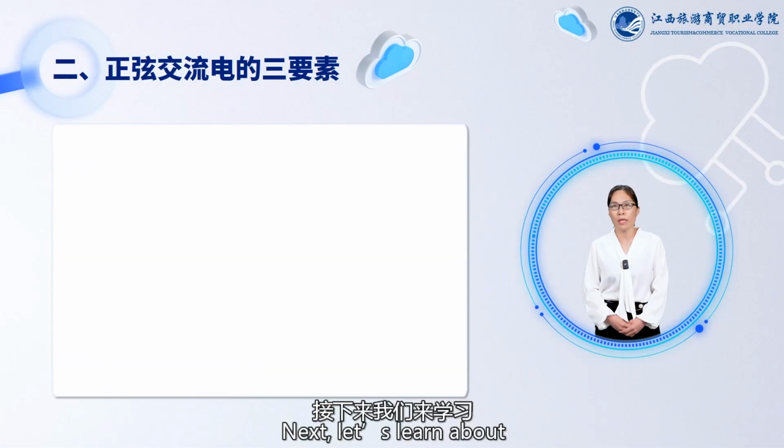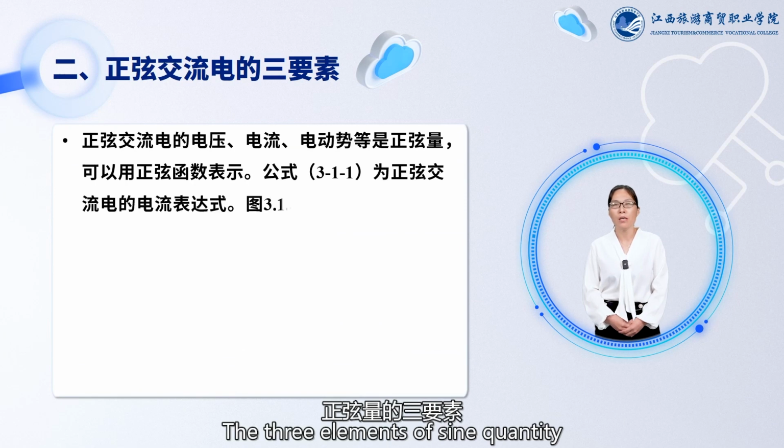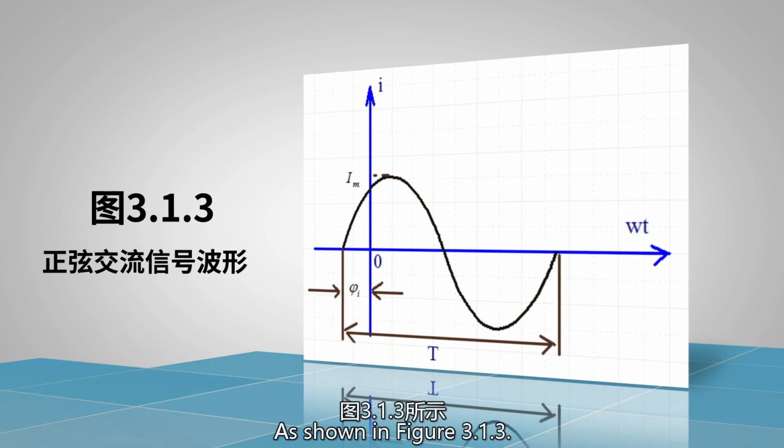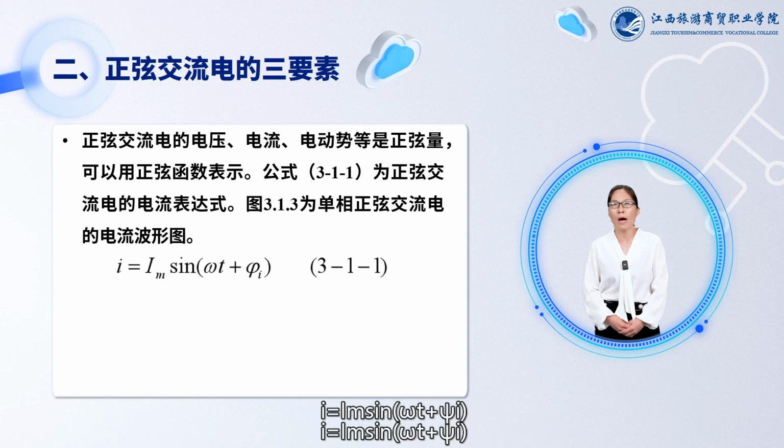Next, let's learn about the three elements of sine quantity. As shown in Figure 3.1.3, sinusoidal alternating current can be expressed as i equals Im sine of omega t plus phi i.